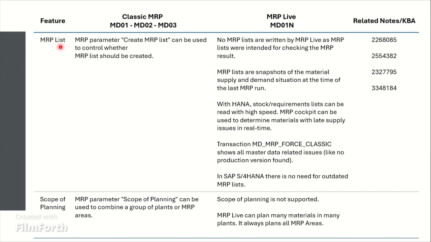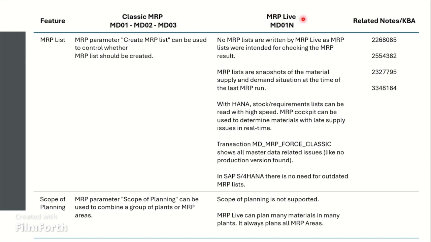In the classic MRP, or the transactions MD01, 02 or 03, we do have the option to generate an MRP list, right? This MRP list is basically the output of the MRP run where you can actually see what all materials have been part of the planning run.